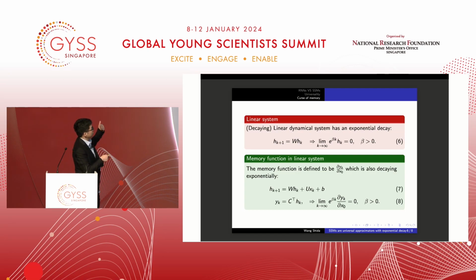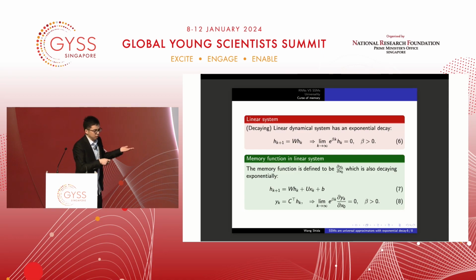Furthermore, if we assume it is decaying, or consider the stability constraint, then the norm of the eigenvalues needs to be less than 1, which means this hidden state will decay when we iterate it, and the decay speed is exponential for some positive constant beta. And this is just for a linear system that is autonomous.